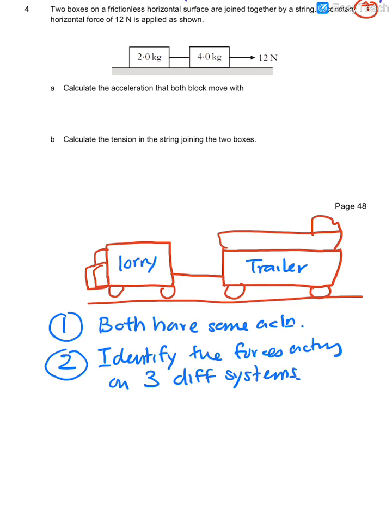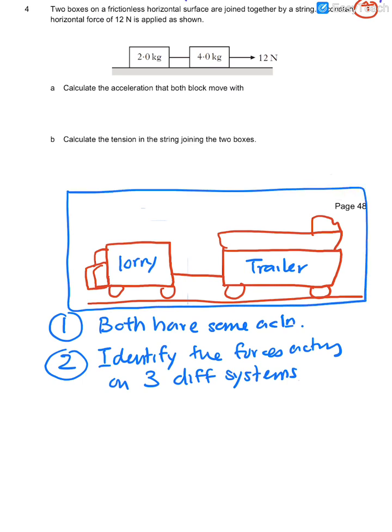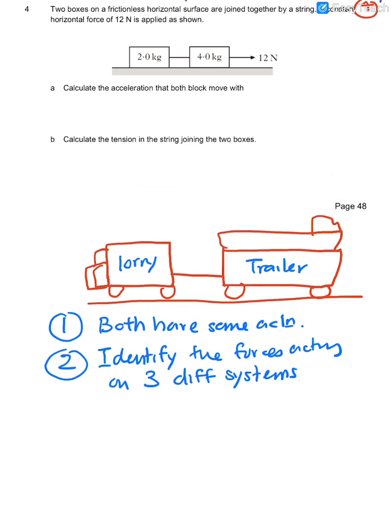First system, forces acting on the lorry. Second system, forces acting on the trailer. Third system, forces acting on the whole thing. So you must be able to identify forces. If you cannot identify them, it is very hard to do.